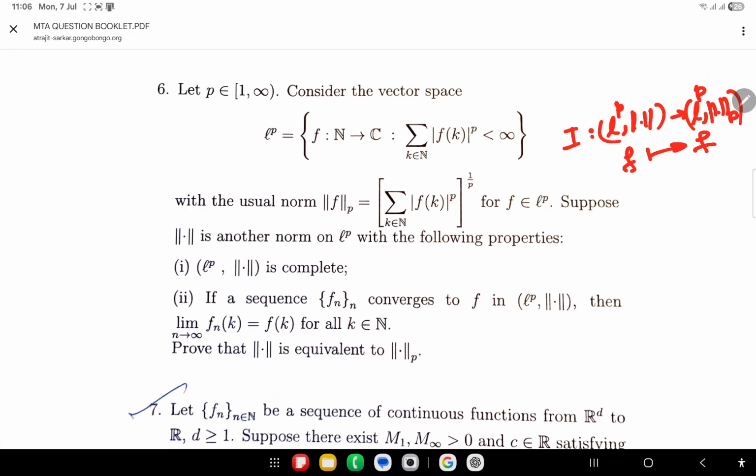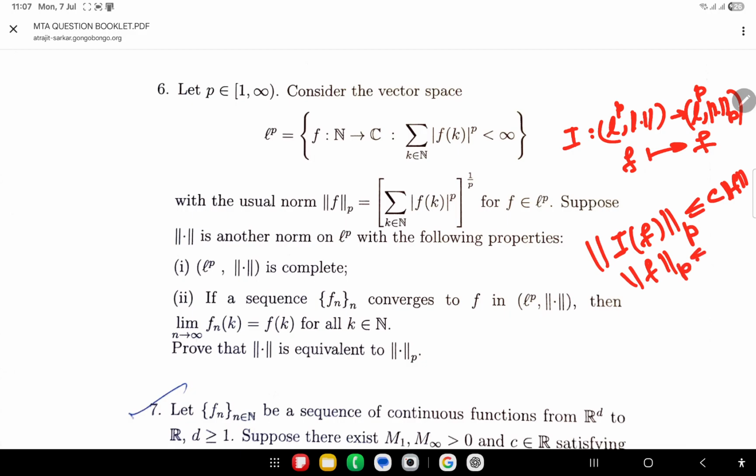Now if you can prove that the identity function is an isomorphism, meaning it is continuous and its inverse is also continuous. Look, if we can prove that the identity function is continuous, then we get that the p-norm of I(f) is less than or equal to some constant times the new norm of f.